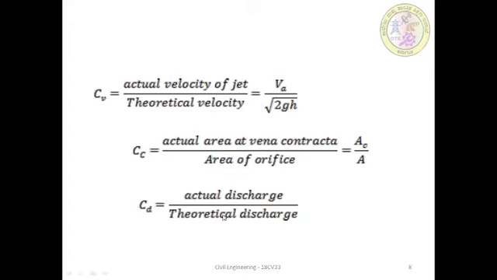So all these CV, CC and CD are less than 1, because the actual values are less compared to the theoretical values. So their values will always be less than 1.